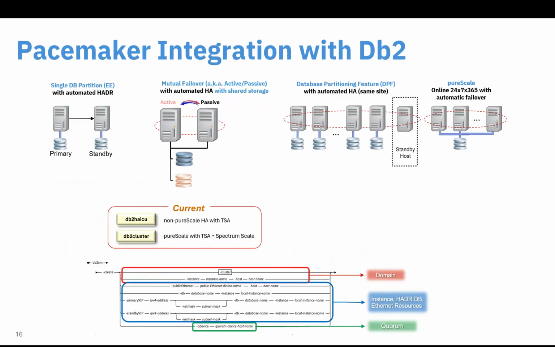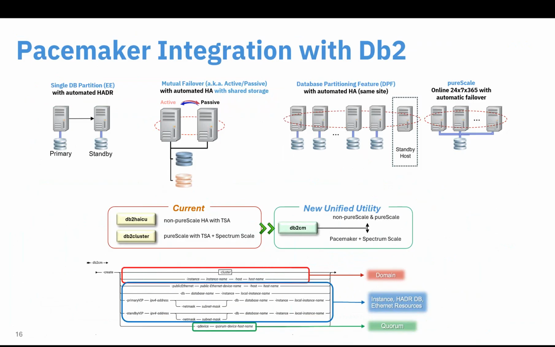The nice thing on Linux is that as we move to this new Pacemaker model for HADR or single node active passive failovers or DPF failovers or pureScale, we took the two different cluster manager wrappers we had, db2haicu and db2cluster, and we moved them together into a unified db2cm utility, allowing people to then use one utility for managing Pacemaker, regardless of which form factor you happen to have deployed, making it much simpler for customers to set up and configure, regardless of whether they're doing HADR, DPF or pureScale.